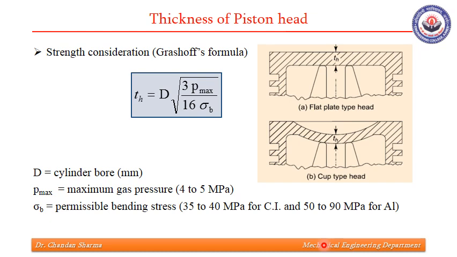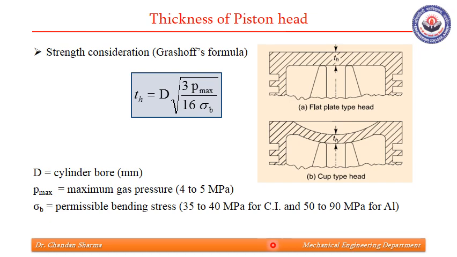If we talk about strain consideration, the formula given by Grashof is being used, which is D times root of 3 P max over 16 sigma B, where P max is same that we have used in the design of cylinders, which is 10 times IMEP, and sigma B is permissible bending stress.